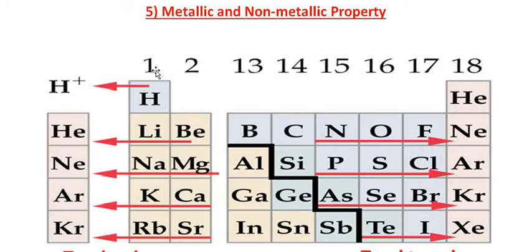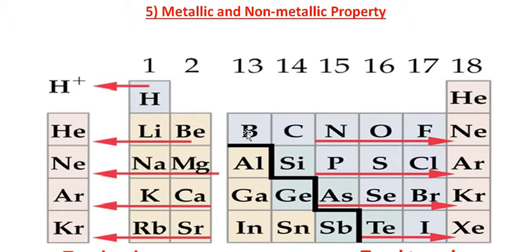Elements of group 1, group 2, group 13 are called metals. Elements of group 15, 16, 17 are non-metals. There is a group in between the metals and non-metals called metalloids.